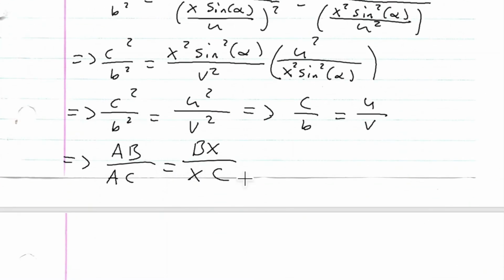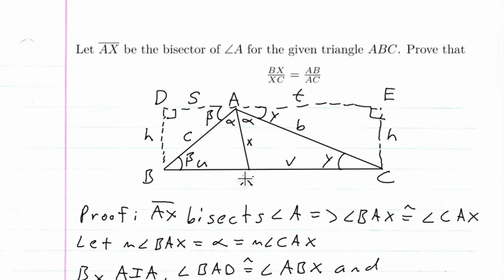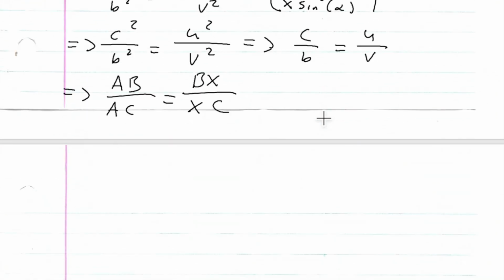And that's exactly what we wanted to prove. We wanted to prove that AB over AC is equal to BX over XC, right? That's exactly what we wanted to prove. So that is the proof.